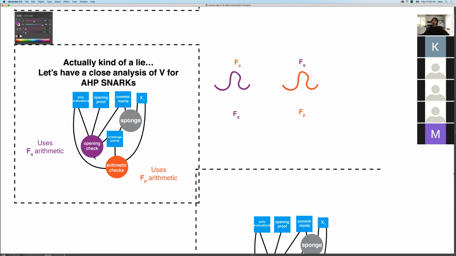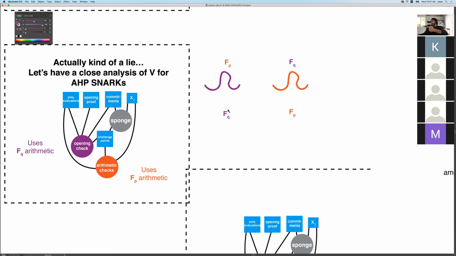And you know, what can we do? Well, here we have part of the computation which uses FQ arithmetic. So we'll definitely need a snark for verifying FQ arithmetic. And here's a component that verifies FP arithmetic. So we'll also definitely need a snark for verifying FP arithmetic. Okay, what's that going to look like?